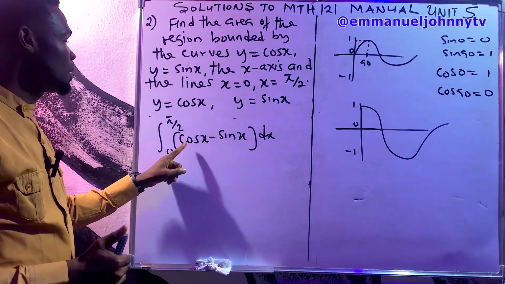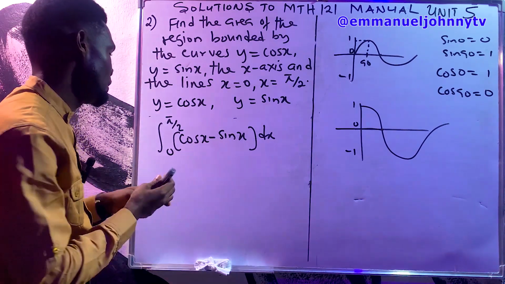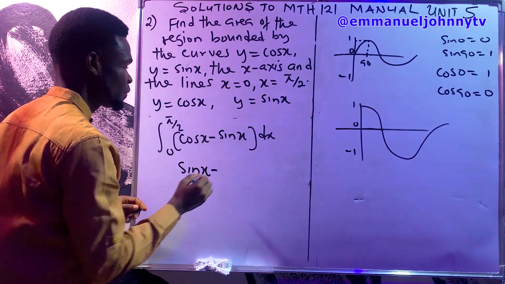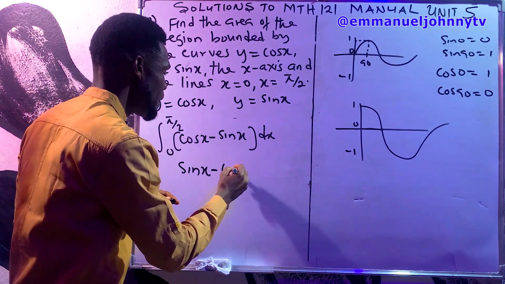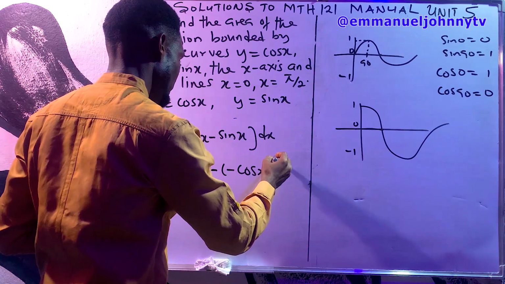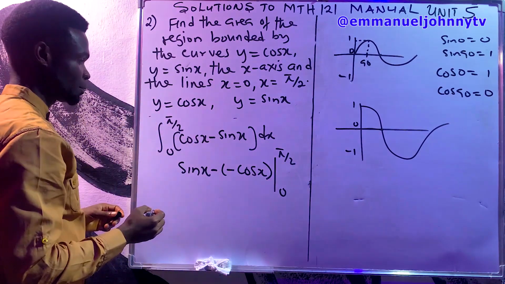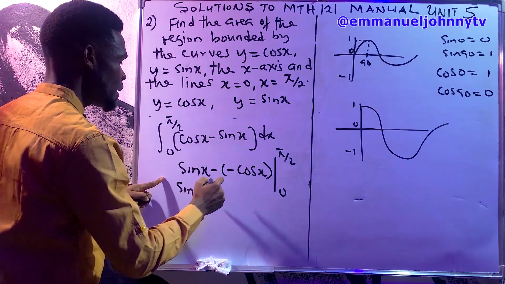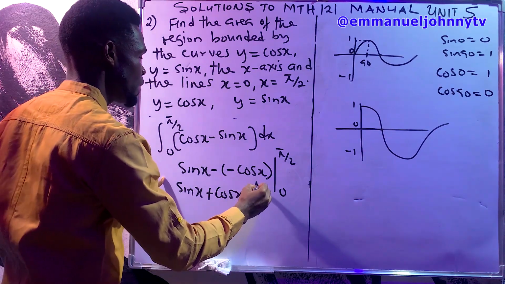It's important to know that the integral of cos x is sine x, minus, when you integrate sine x, you must have minus cos x. 0 to pi over 2. Now, this is sine x minus minus is plus, plus cos x, 0 to pi over 2.